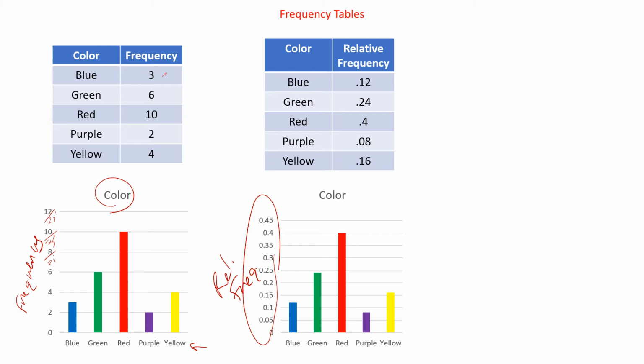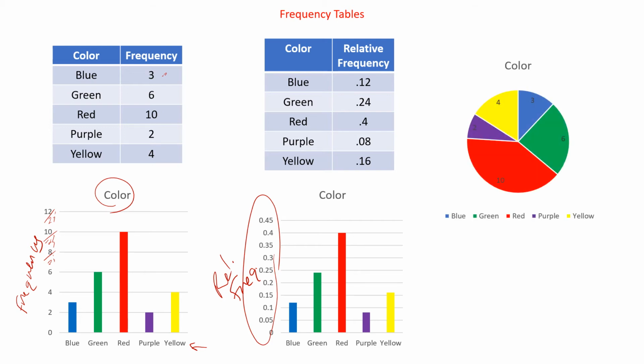Another graph that we use when trying to look at categorical variables, especially when we're looking at parts of a whole, as I mentioned, is that pie graph. So here we have our favorite color of ketchup in pie form. It's basically a relative frequency because it shows you the percent of the whole. I have it labeled with the frequency.